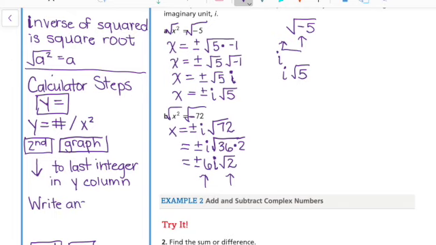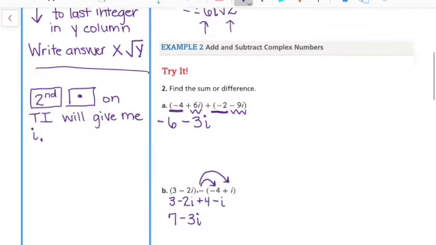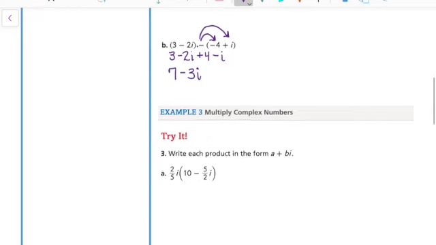And then to write your answer, you write it as x square root y. Okay. All right, so calculator steps.